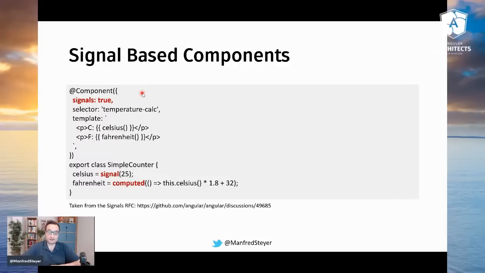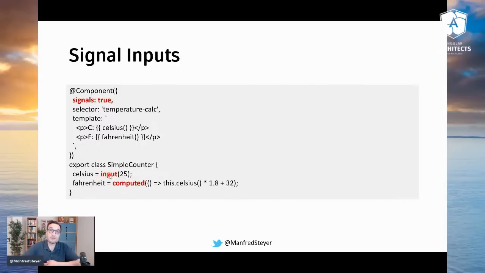Everything is a signal here. Of course, the properties are signals, computed properties are signals, but also inputs will be signals. And by the way, here you already see for setting up an input, a property, we don't go with decorators anymore. The idea is to make decorators optional in the future.